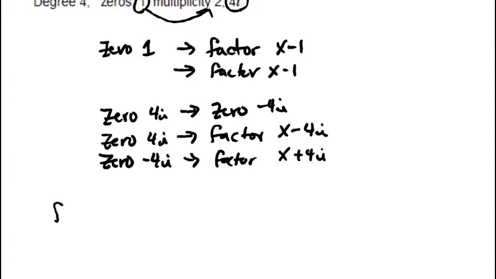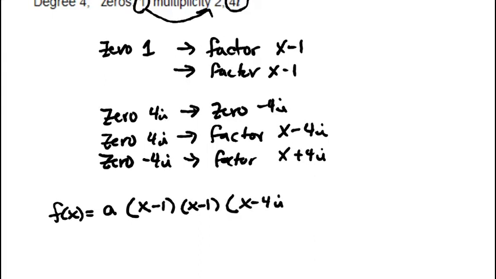So our polynomial function f of x will be a, where a is an unknown leading coefficient because there are many polynomials that will fit this description, so we're leaving that value of a unknown. And we have a factor of x minus 1, another factor of x minus 1, a factor of x minus 4i, and a factor of x plus 4i.